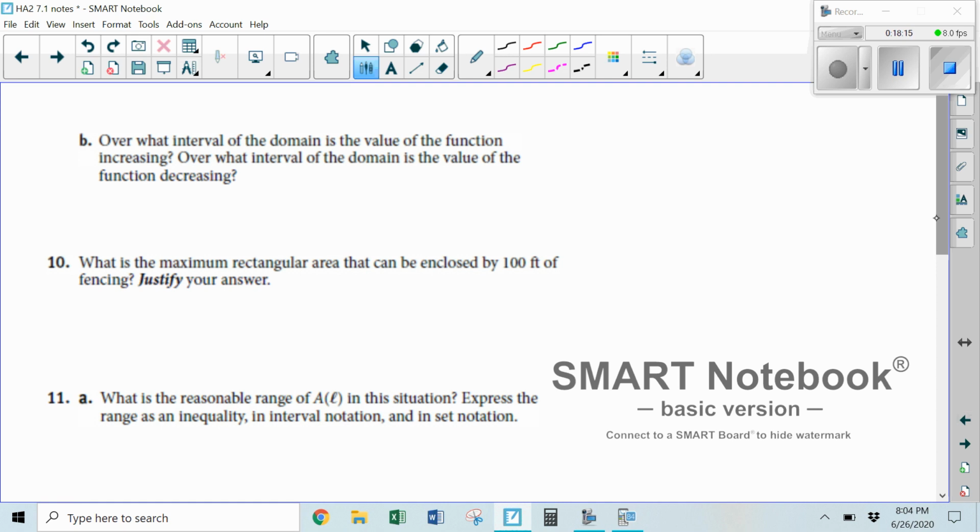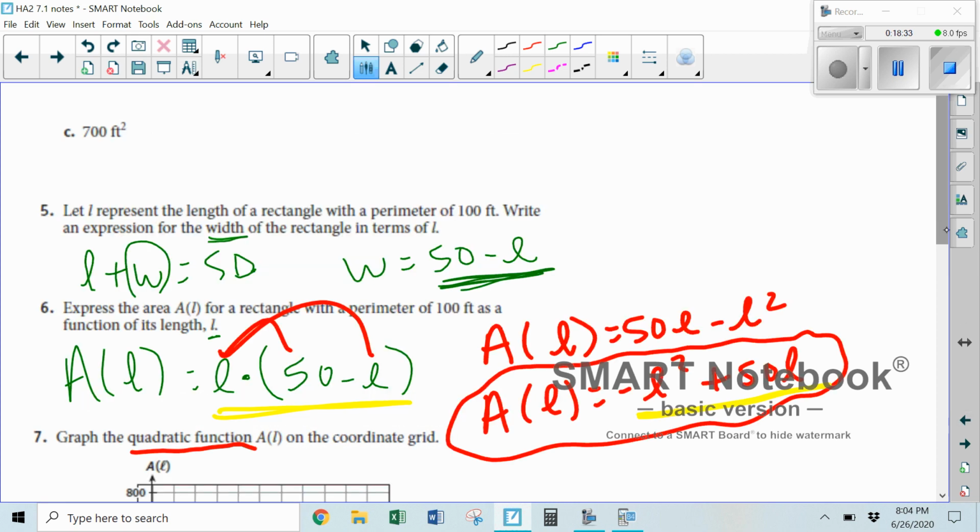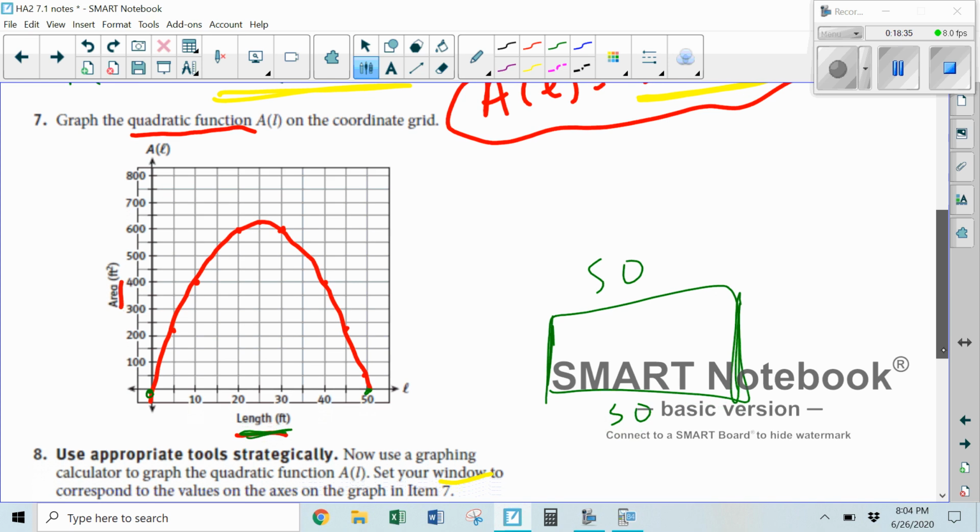Over what interval of the domain is the value of the function increasing? Over what interval of the domain is the value of the function decreasing? So this is the entire domain. Over what part of this is it increasing? It sounds like a difficult question. It's very wordy, but it's not if you look at your graph.